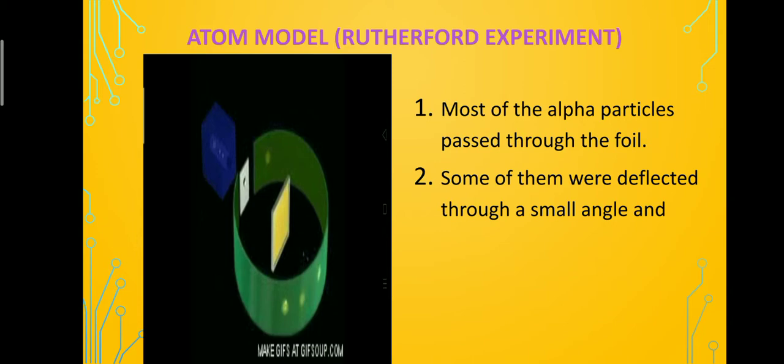In this green sheet, which is your photographic plate, we have various spots. This first spot shows that most of the alpha particles pass through the foil, and these other spots show that some are deflected through small angles.